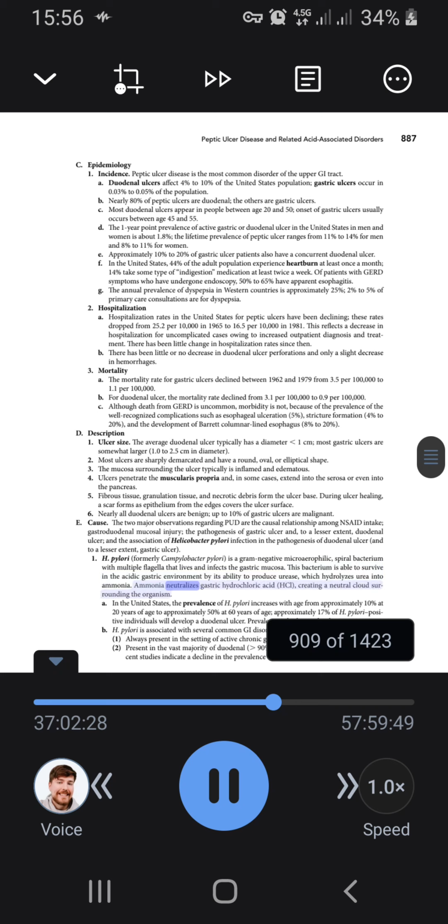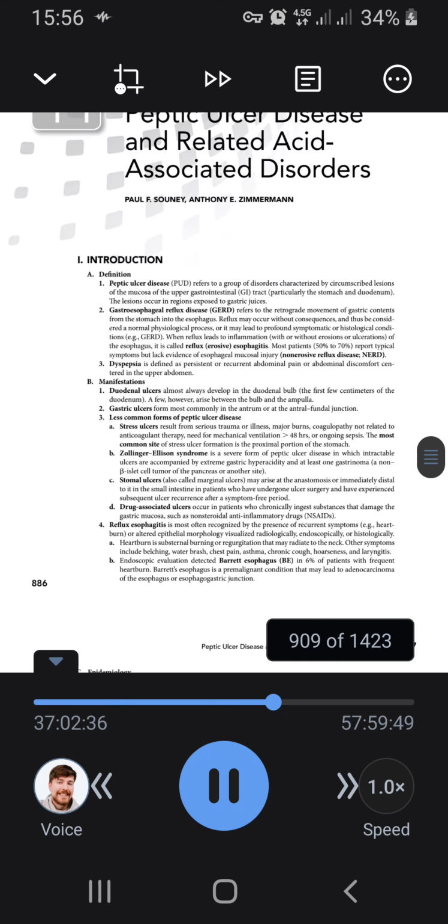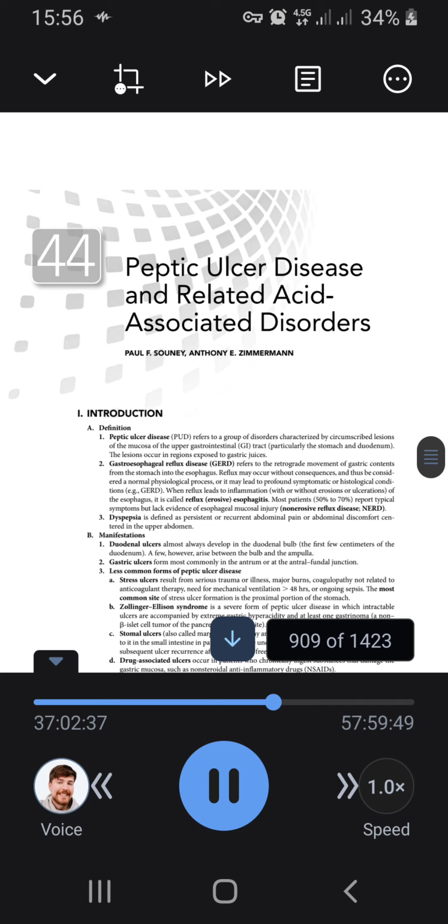Ammonia neutralizes gastric hydrochloric acid, HCl, creating a neutral cloud surrounding the organism. In the United States, the prevalence of H. pylori increases with age from approximately 10% at 20 years of age to approximately 50% at 60 years of age.